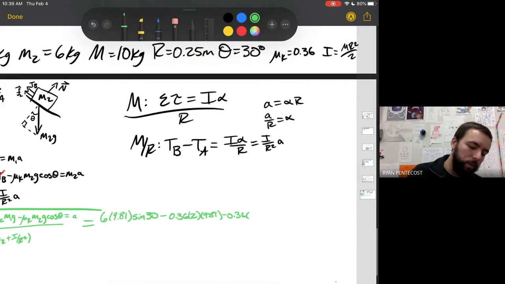M2 is 6, times 9.81, cosine of 30. That's our top.